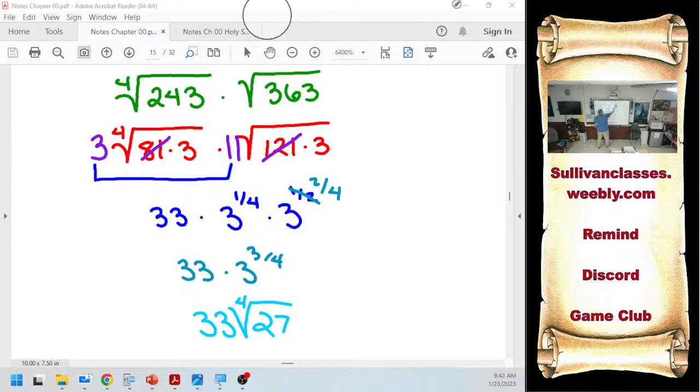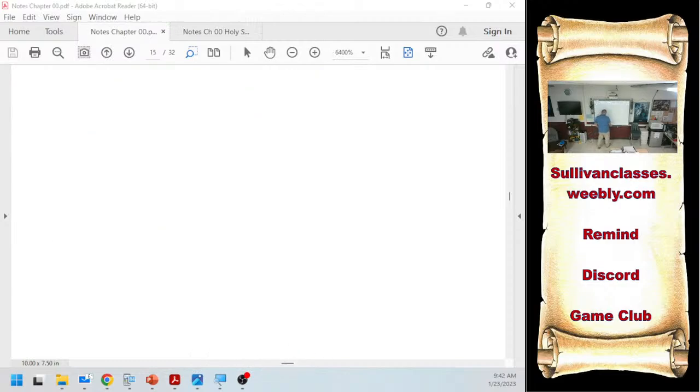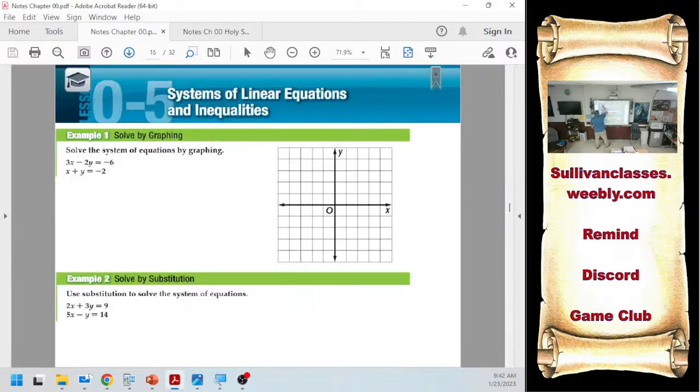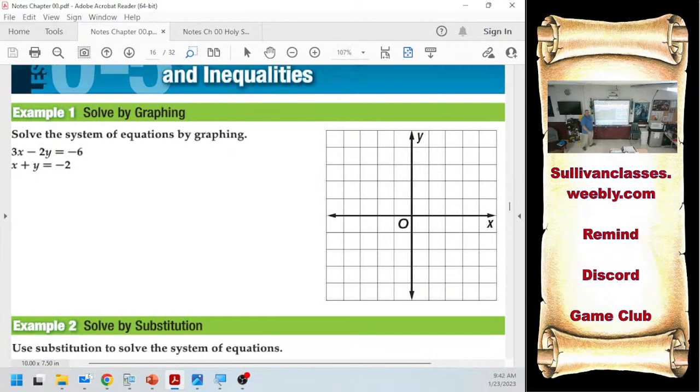Okay. Now, we do only have a few minutes left, but that means we have enough time to do the basic stuff of systems. We'll get into the meat and potatoes of it, the Algebra 2 stuff, tomorrow. But please tell me y'all remember how to graph a line. I say that with cautious optimism because I did have kids in Algebra 2 who could not plot points. I don't know how they got through Algebra 1.